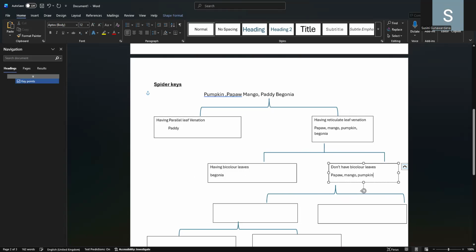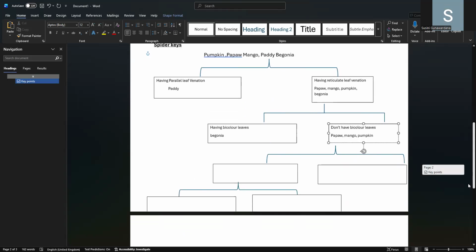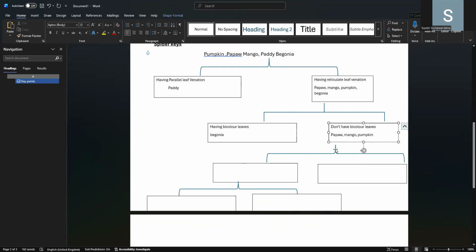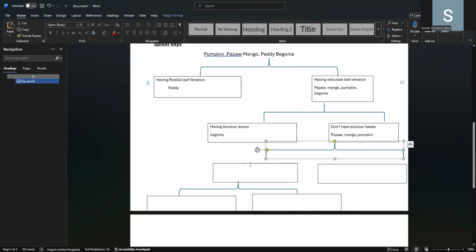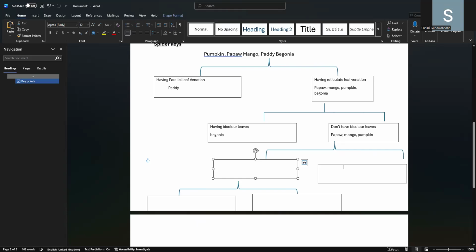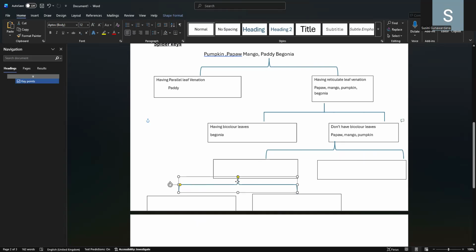Further, you have to divide these plants, so take some space. Then you can see there are three plants that don't have bicolor leaf. Under that you have apple, mango and pumpkin.